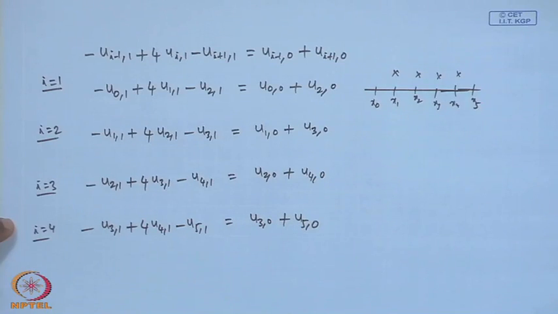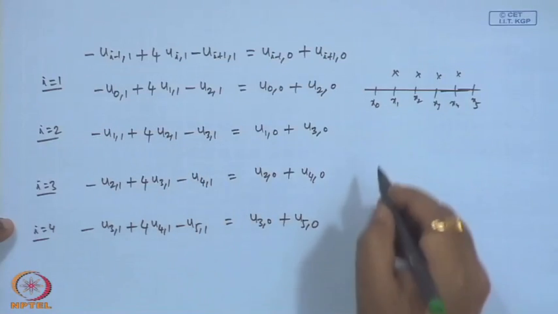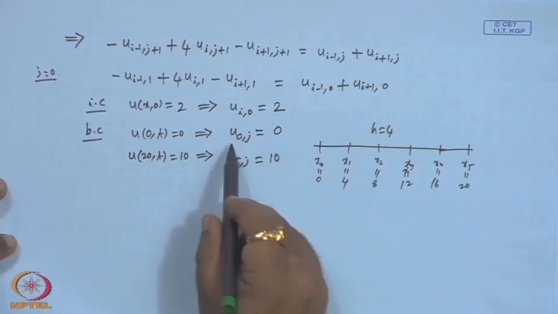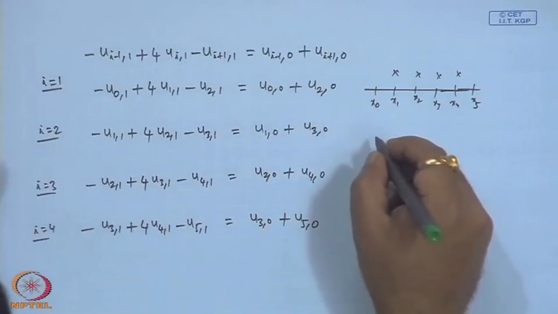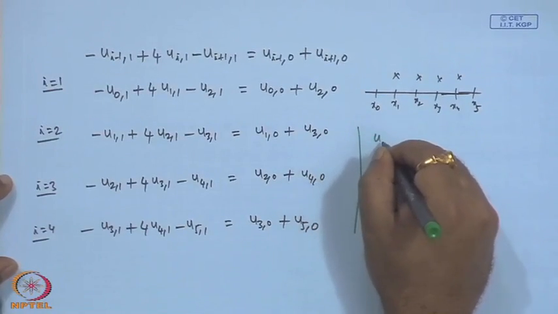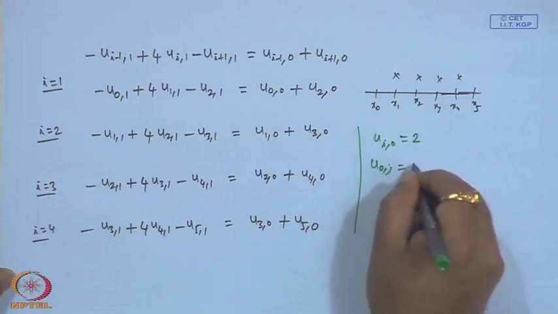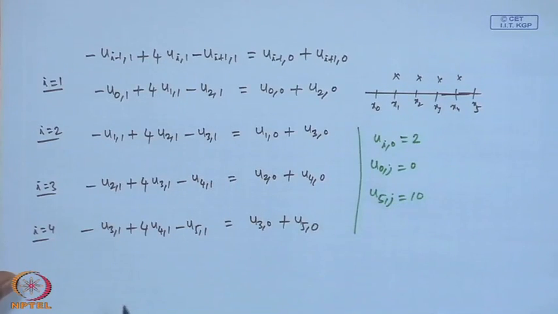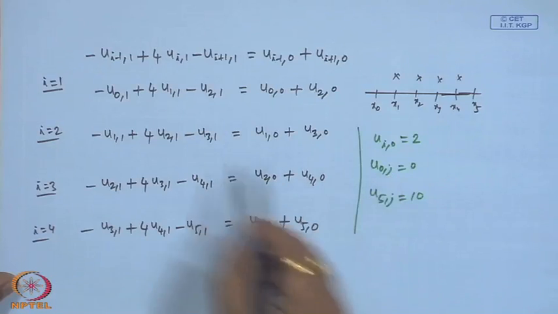Okay. So, now let us look at the values u 0 1. So, we have also discretized and obtained that u I 0 is 2, u 0 j is 0, u 5 j is 10. So, let us record these values. Now, u 0 1 comes from this.